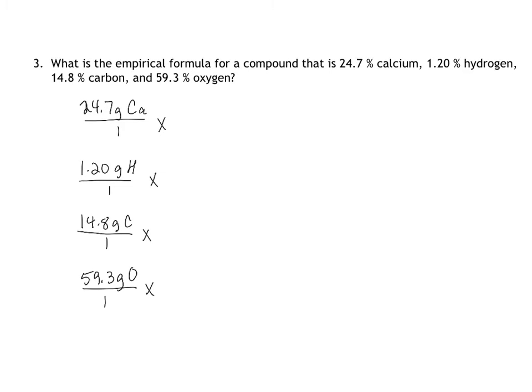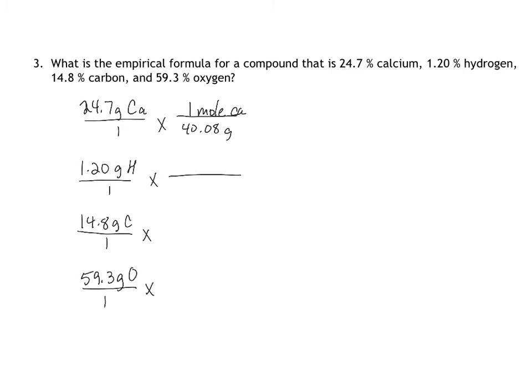So the next thing I'm going to do, percent to mass, I've completed that step. And now I need to do mass to moles. I've got grams on the top, so I'm going to need to have grams on the bottom. The weight of a mole of calcium is, looking on my periodic table, 40.08 in 1 mole of calcium.